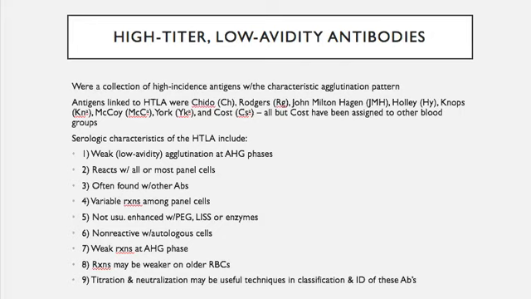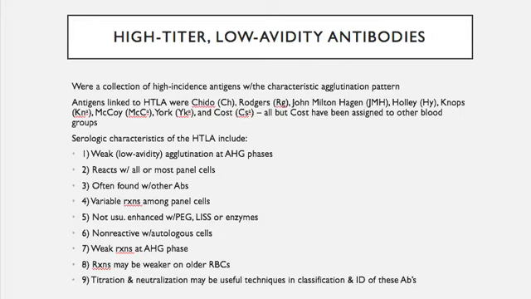Some of the characteristics of those high titer low avidity antibodies: they'll have weak agglutination, so that's the low avidity part. So weak agglutination at AHG phases of testing. You're going to see reactivity with all or most of the panel cells.